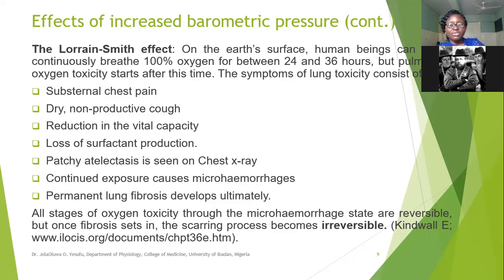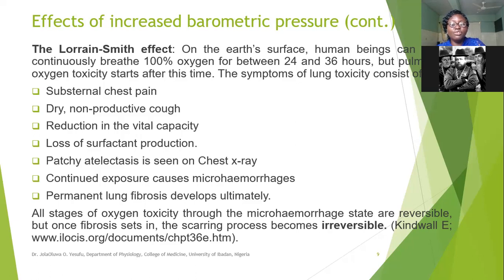In this country, everything is ulcer, but not everything is ulcer, okay? The person could start having a dry, non-productive cough. The person could start having a reduction in vital capacity. Remember what your vital capacity is. Then the surfactant, you remember your surfactant production in the lungs, in the alveoli, you don't have it anymore. And that's really dangerous. You remember what patchy atelectasis is. You can see that on chest x-ray.